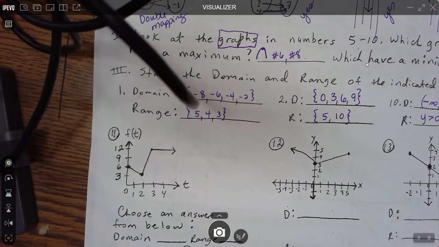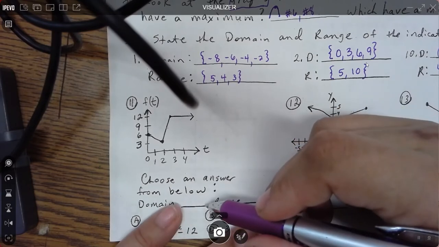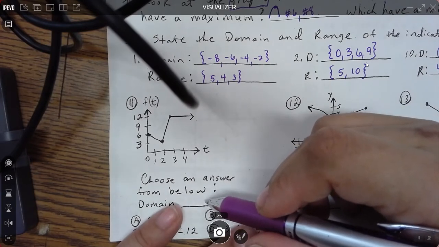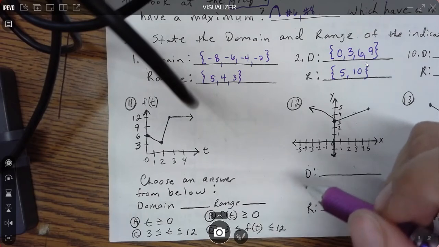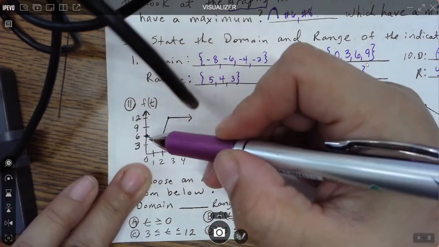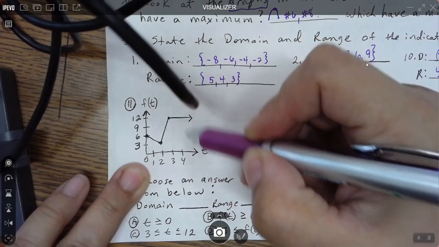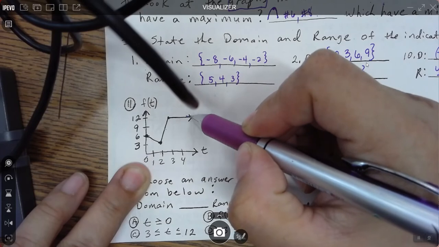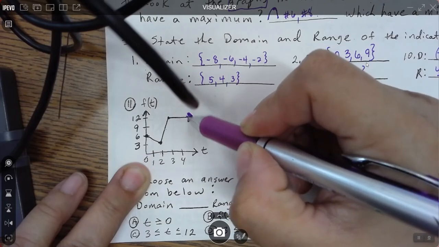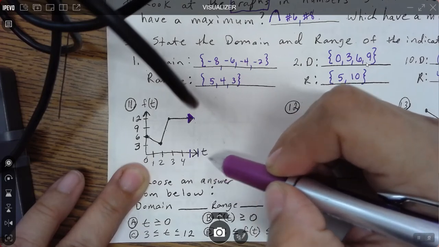Okay, number 11. Choose an answer from below, the domain. All right, so 0, 1, 2, 3, 4. The fact that this has an arrow going this way means that we're going to keep on including x values.